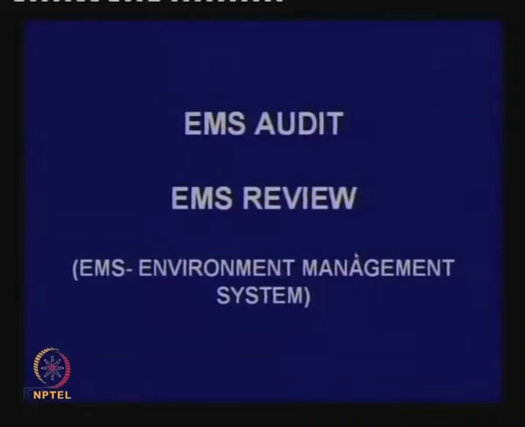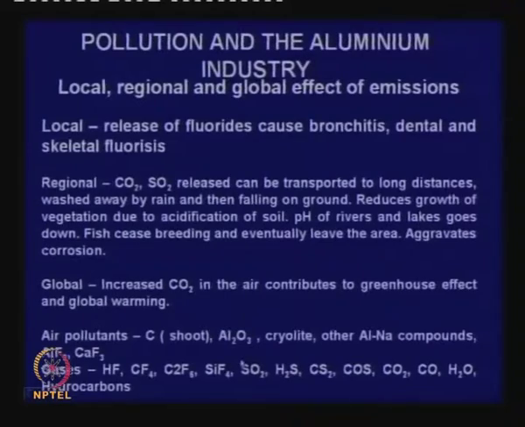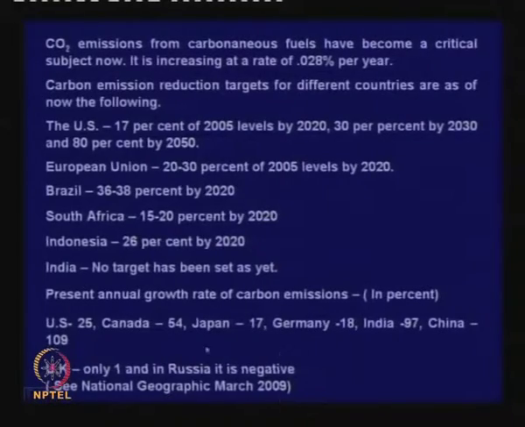Then something about waste management, environment management system and environment management audit I have discussed, how we should produce in an industry. I have taken the example of the aluminum industry and mentioned what is a local effect, what is a regional effect, what is a global effect, given some more details.